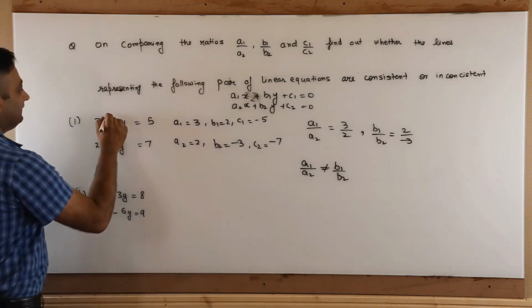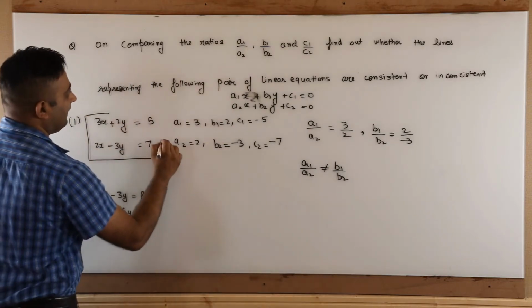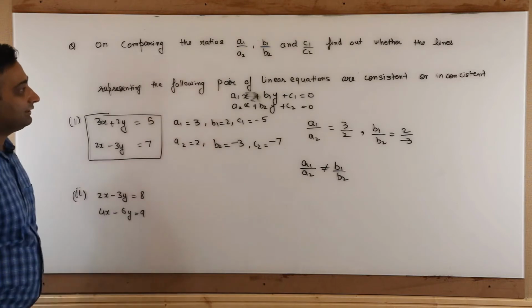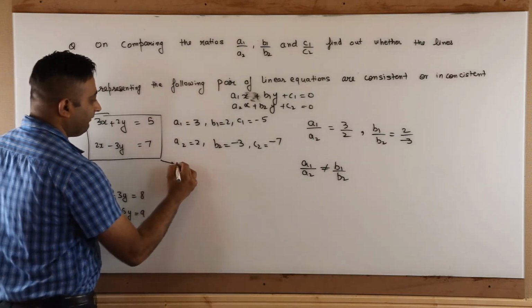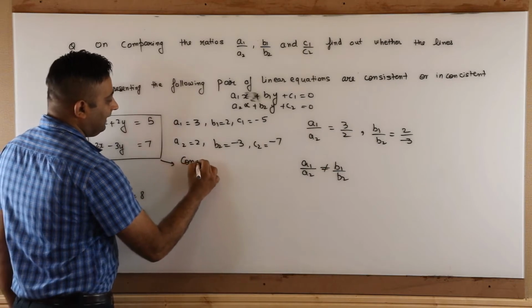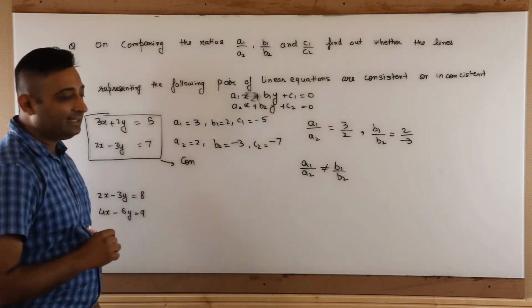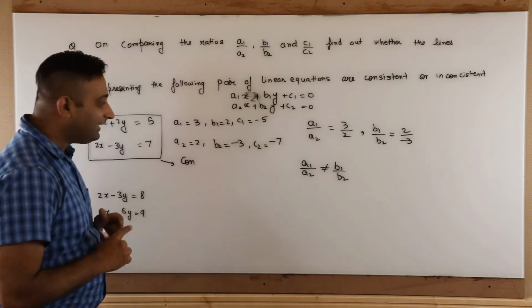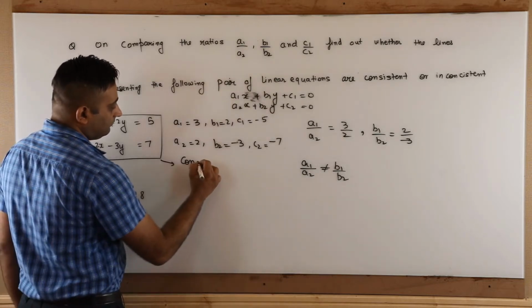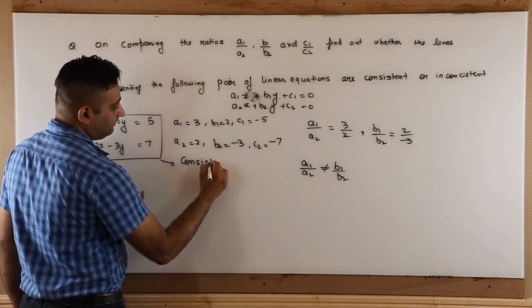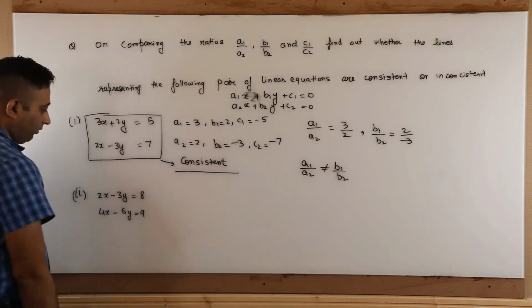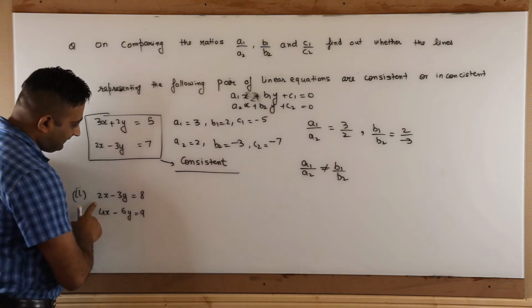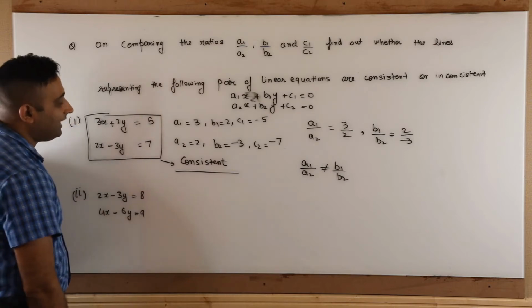That means this pair of linear equations in two variables is consistent. So this has a unique solution and the lines will be representing intersecting lines, consistent with a unique solution.